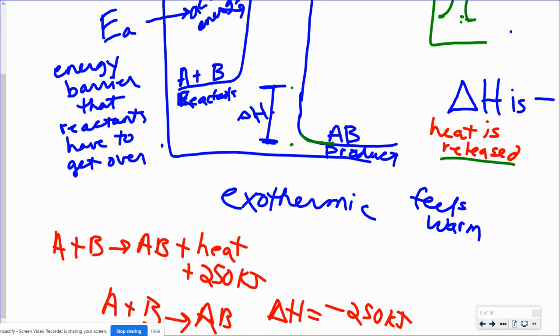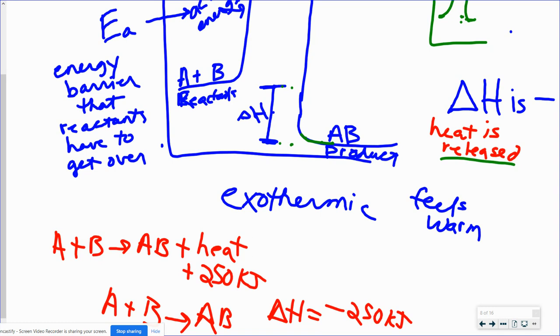And we can actually put a value on that energy if we measure it. And in our units, we either use joules or kilojoules or calories for heat. So in this case, we could say heat was produced, that amount of heat that was given off was produced, it would be on the product side. I just made up this number, let's say it was 250 kilojoules given off.